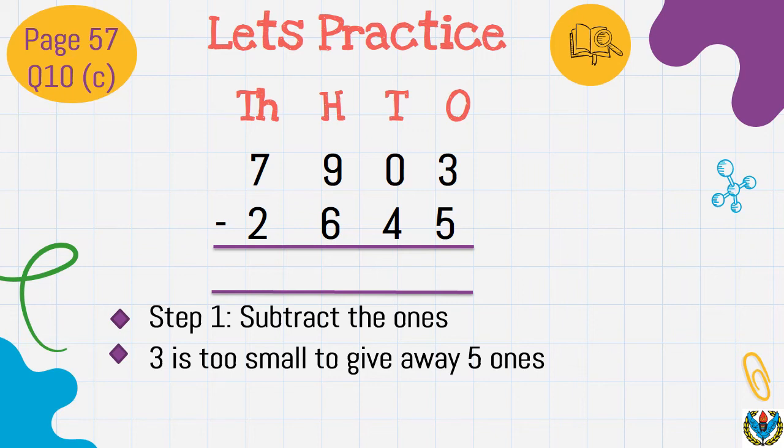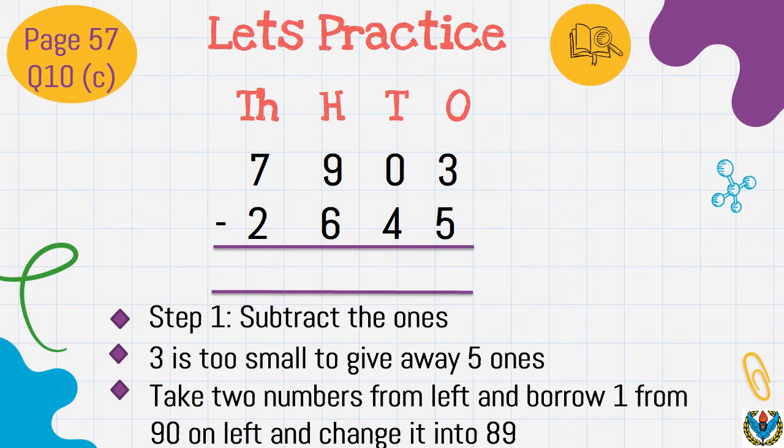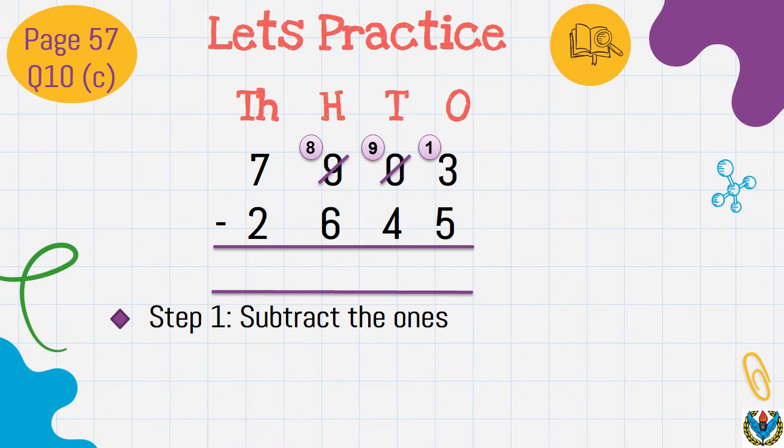You can see the tens column has value 0 and we cannot borrow any number from 0. So we take two numbers from the left, and when we borrow 1 from 90, 90 changes into 89. 3 ones in the ones column becomes 13 ones, and now we can subtract 5 from it. 13 ones minus 5 ones gives us 8 ones.